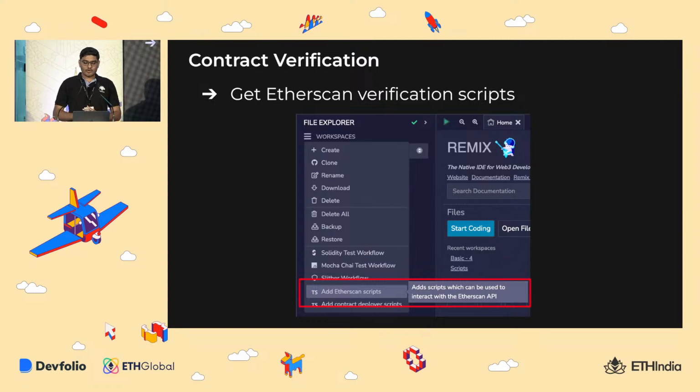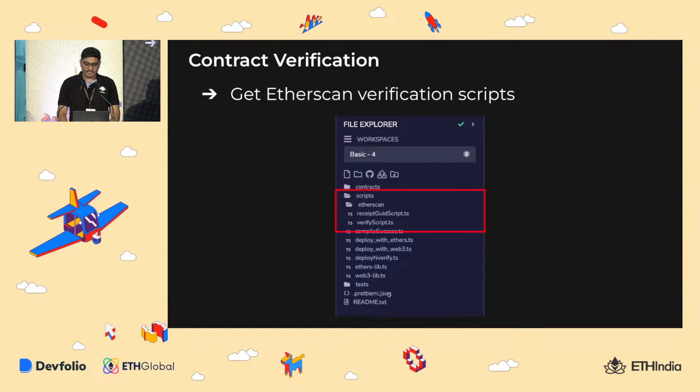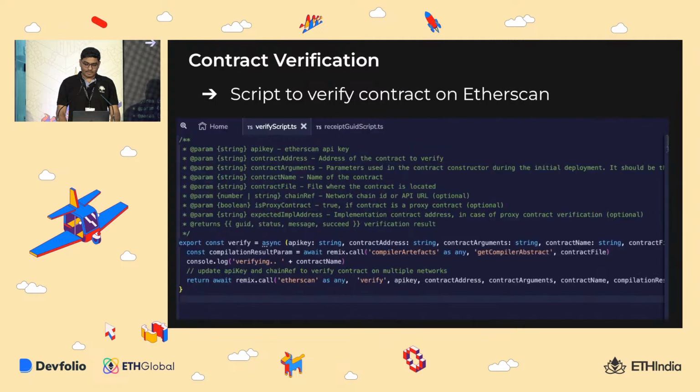These scripts are pre-written, so you can get them by clicking on this hamburger icon near the workspaces label, and you will see the option Add Etherscan scripts. As soon as you click on it, it will add some particular scripts to your current workspace. What are these scripts about? There is one particular script containing the logic to verify the contract on Etherscan.